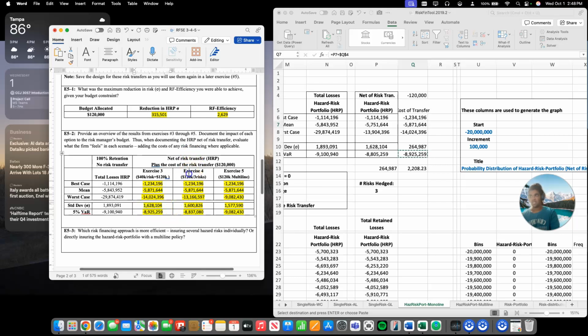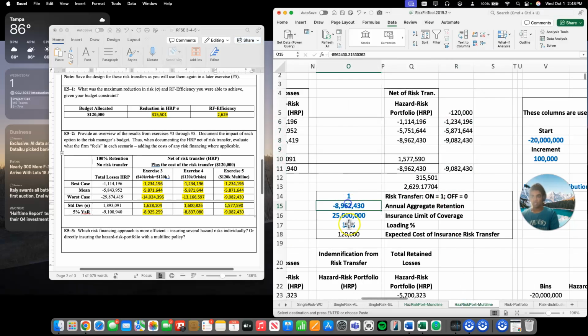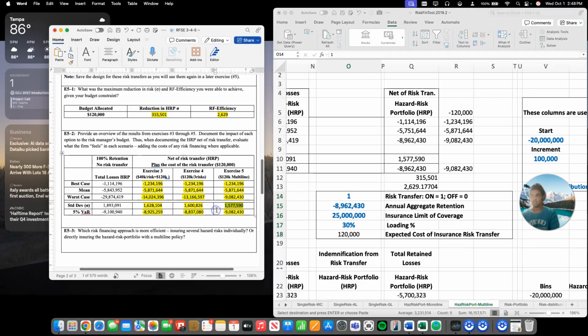Through exercise 4, when we split 120 among the 3 risks, but not exactly the same amount, 60,000, 60,000, 0, you could see that the standard deviation decreased, meaning it was more efficient. But with a multi-line policy, where we only had one budget for everything, in this example, it was more efficient than all of them.